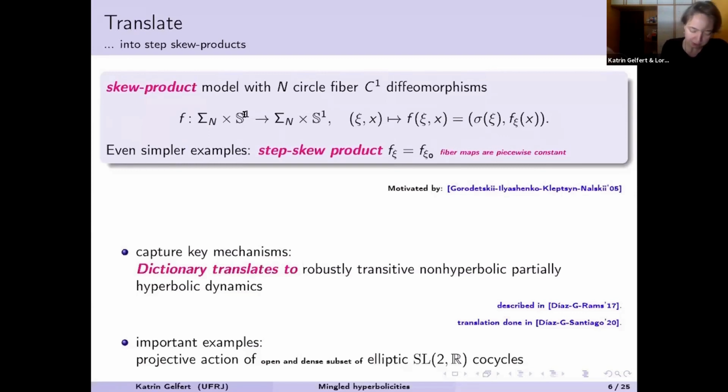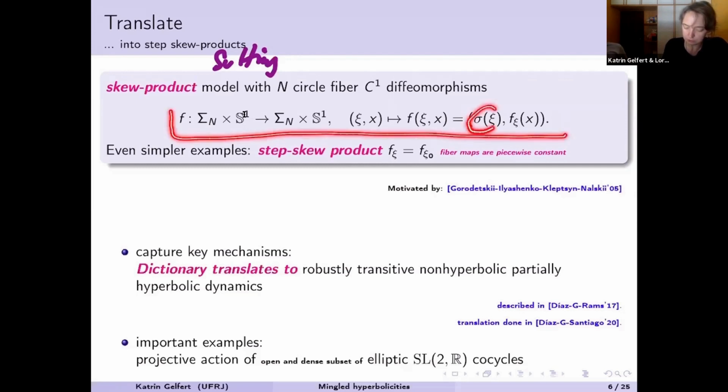Okay. So the setting of this talk, and the results I will present, is a skew product with finitely many circle fiber maps, which will be C1 diffeomorphisms. So I look at a skew product with a simple shift in the first coordinate and circle diffeomorphisms in the fibers.